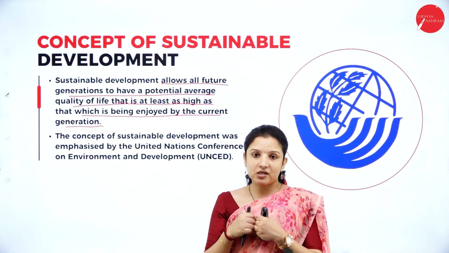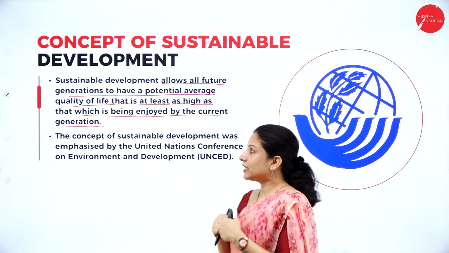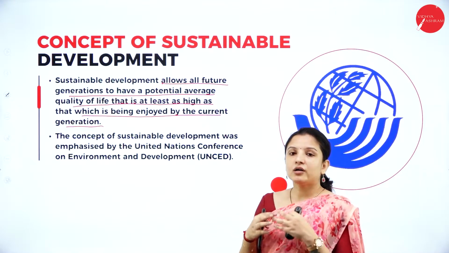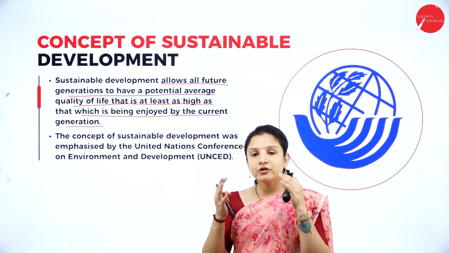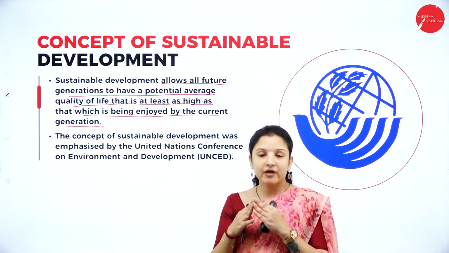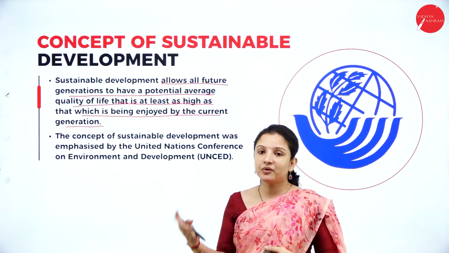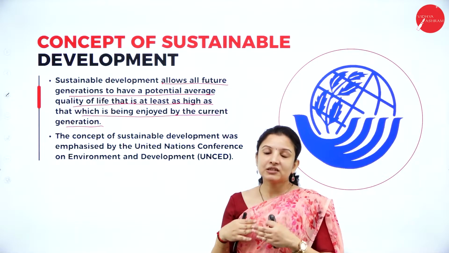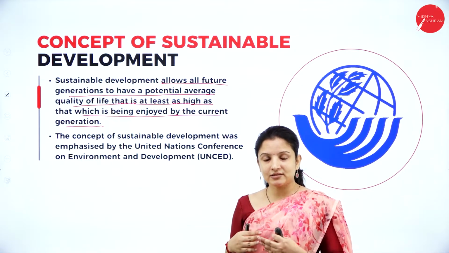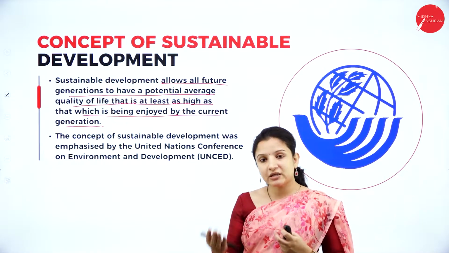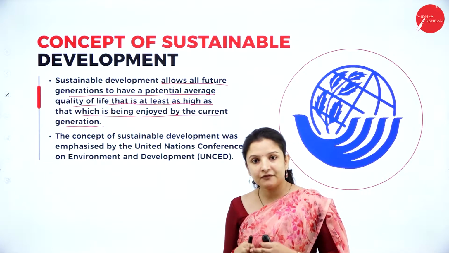How can you maintain sustainable development? It can be maintained only if you lead a quality of life in such a way that you use the resources in a very good manner, so that the future generation, at least 50%, can lead a peaceful life when compared to the current generation, so that you don't deplete a particular resource and the future generation does not have to suffer for it.